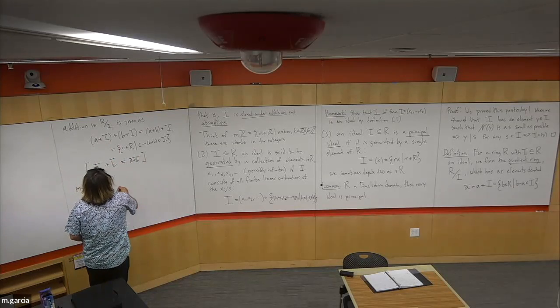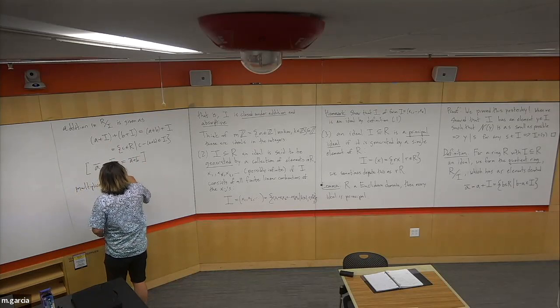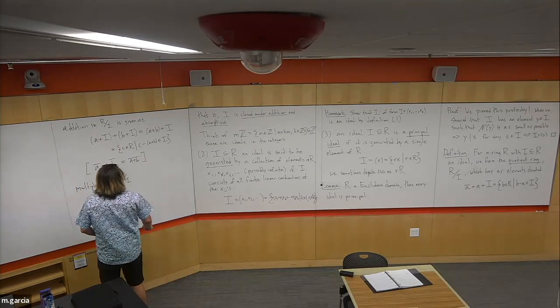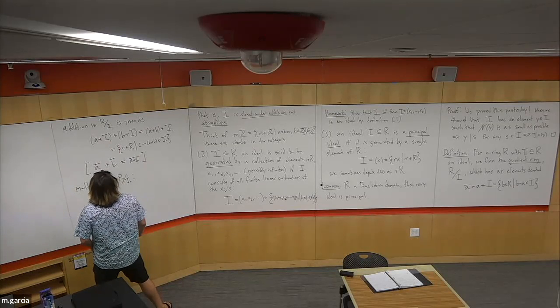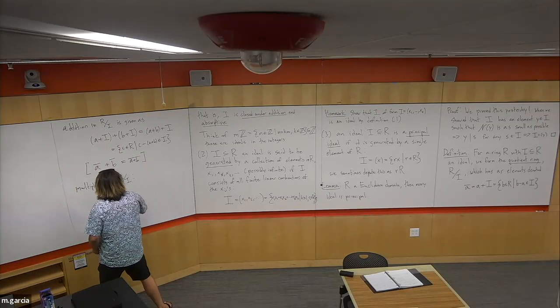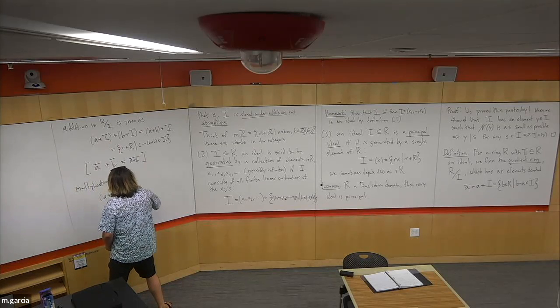And multiplication in R mod I, you may well guess, is exactly similar to what we do in Z mod MZ.